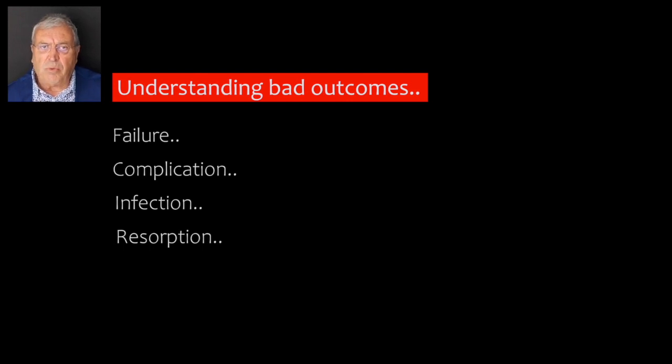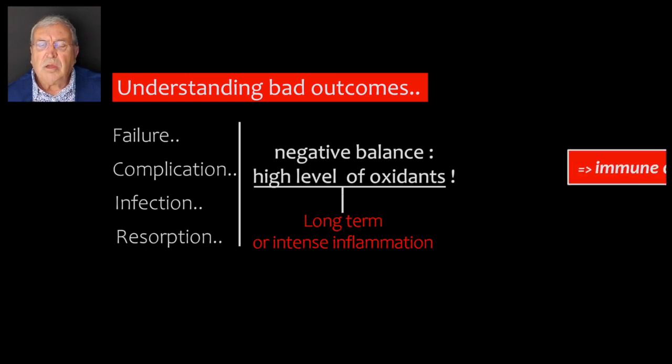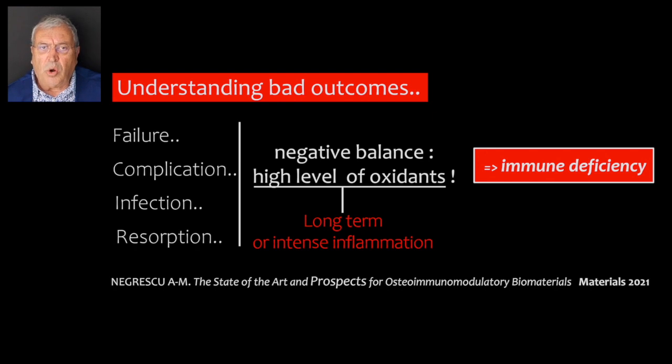When we meet bad outcomes, any kind of bad outcome, it's because the balance is negative. We have too much oxidant following a long-term or intense inflammation, obviously associated with an immune deficiency.